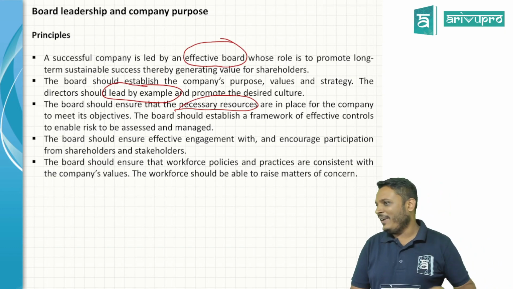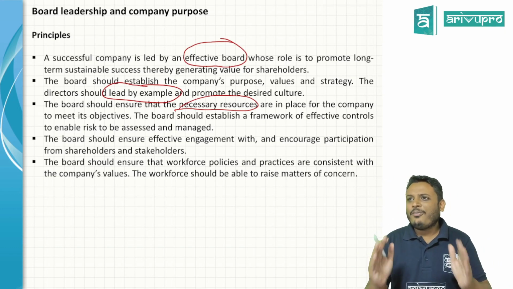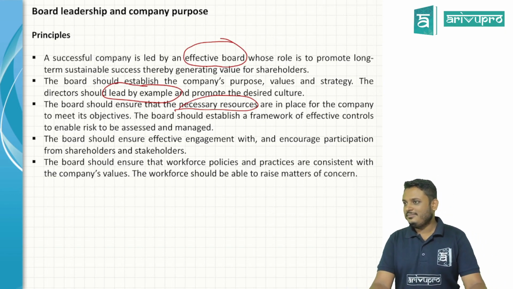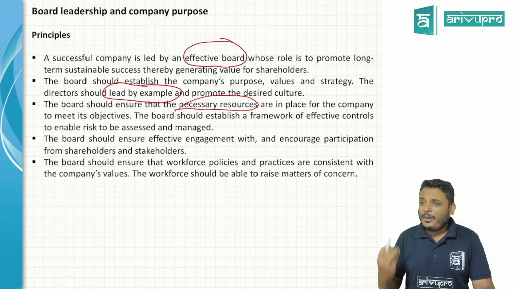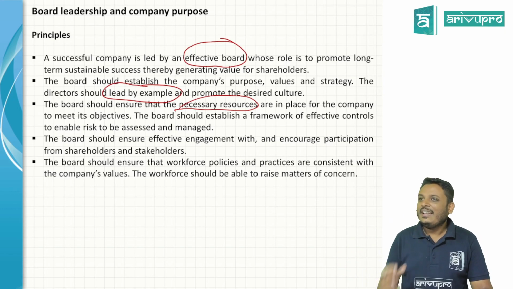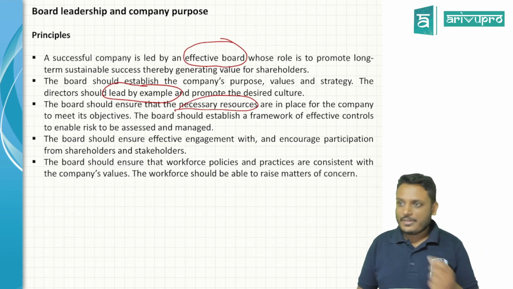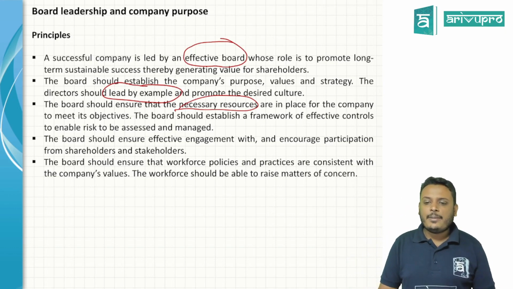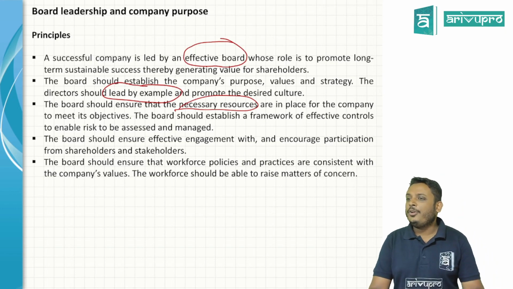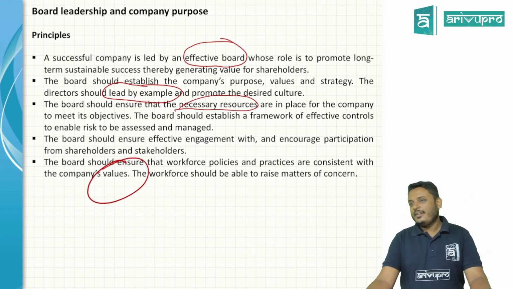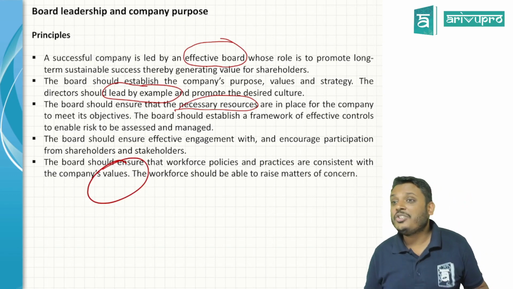Then only your board is effective. If you make profit and money, it does not mean that you are performing well. If you perform well by looking at your stakeholders and shareholders, that is good performance. The next one, the board should ensure the workforce policies and practices are consistent with company values. Simply, ethics and culture are very important.